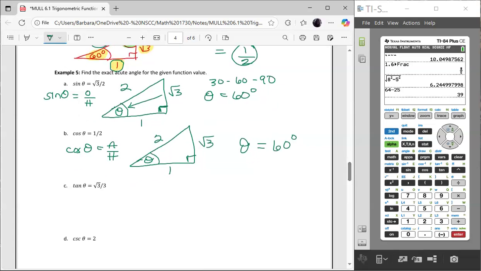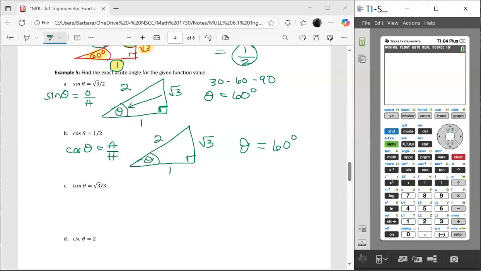We can verify this using our calculator, by taking, this will come a little later in chapter 6, the inverse function. So if cosine theta equals 1/2, we can take the cosine to the -1, the arccosine of 1 divided by 2, and we have 60 degrees.